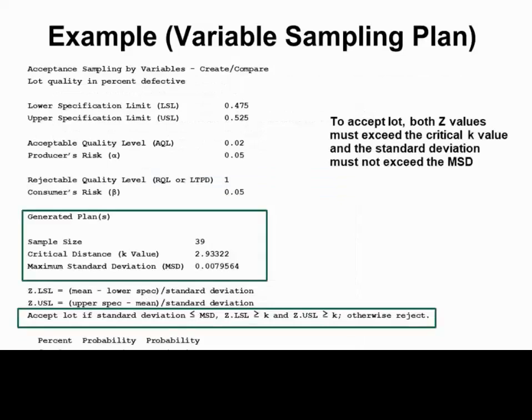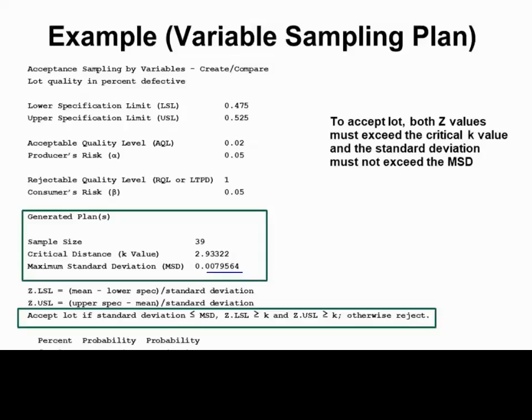calculating a plan which says, okay, take a sample size of 39. The critical K, which is the number of standard deviations your mean needs to be away from spec limits, should be at least 2.93. And here's the maximum standard deviation.